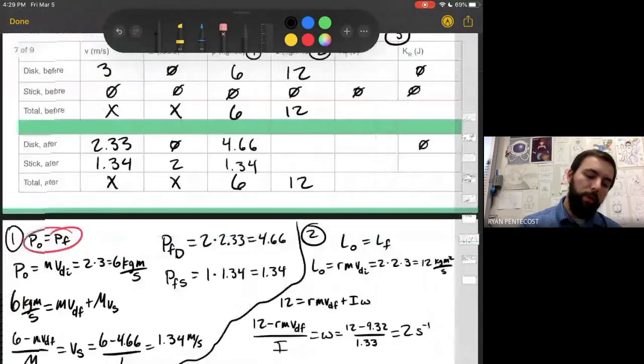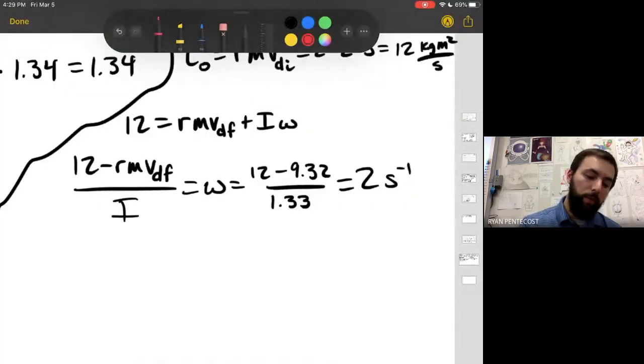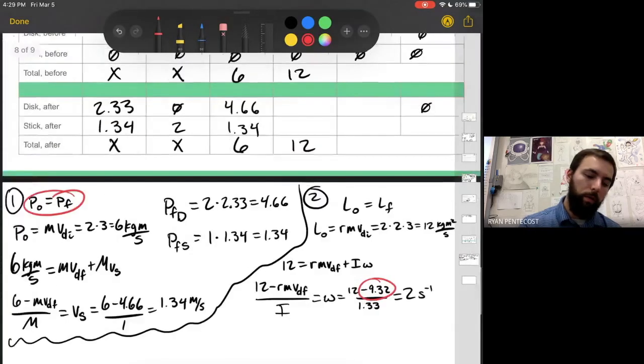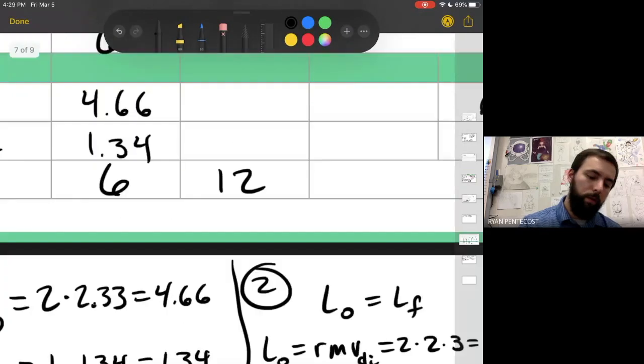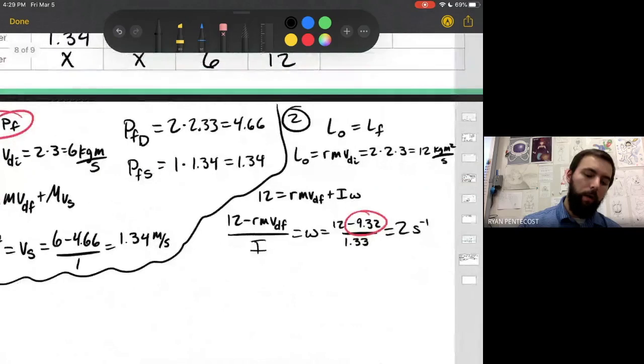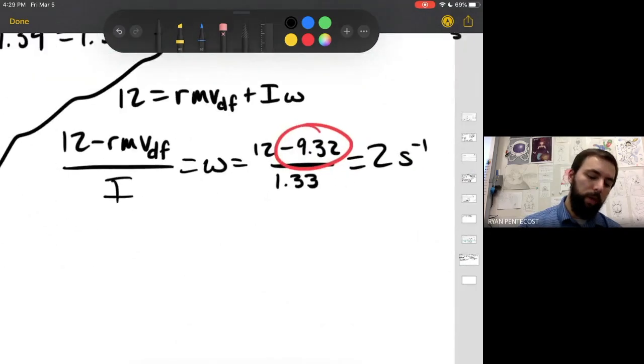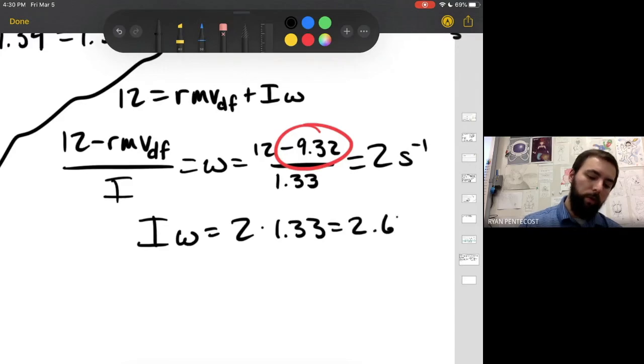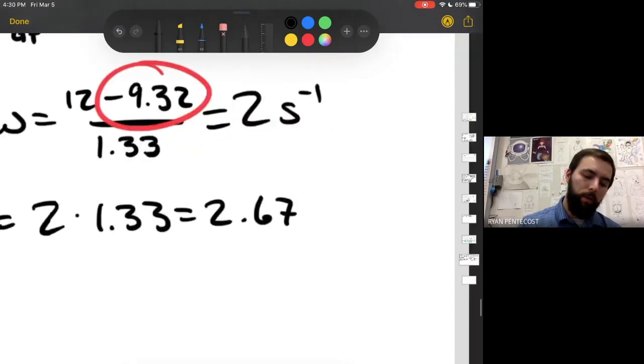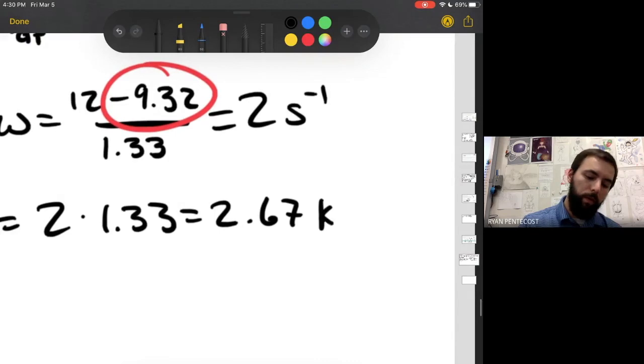Now we can actually take this 9.32 and put that up here. Now for our angular momentum of the stick, that would be I omega, right? So you take 2 times 1.33, that would give you approximately 2.67 kilogram meters squared per second.